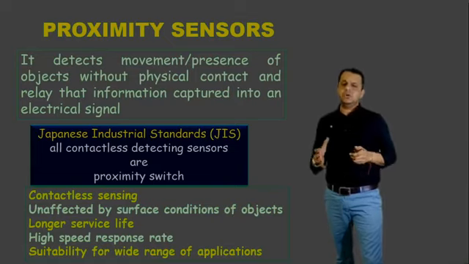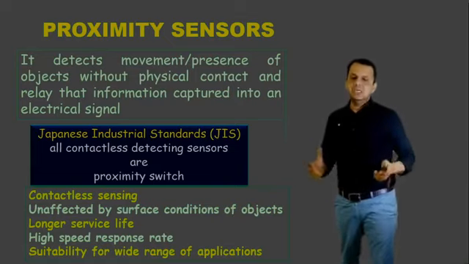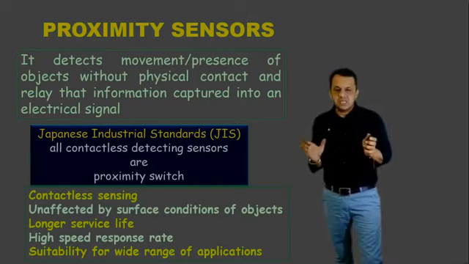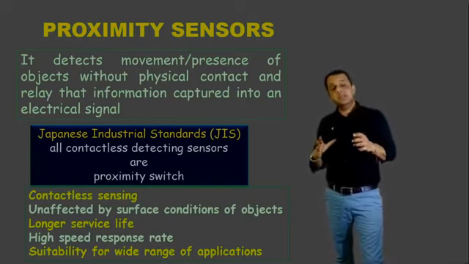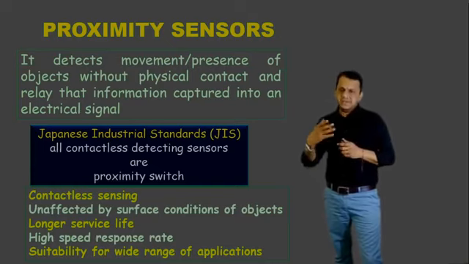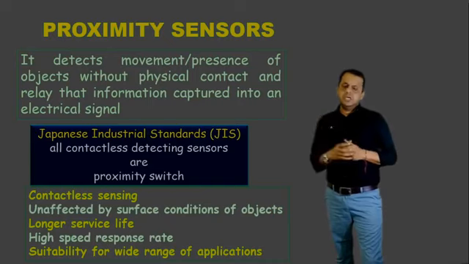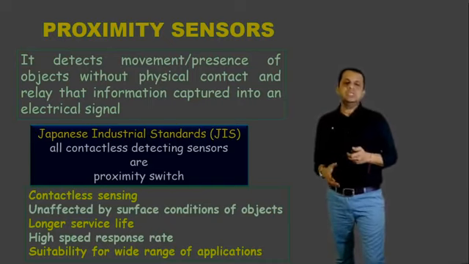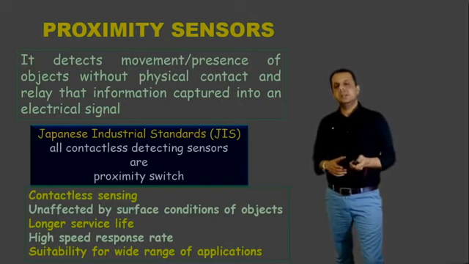The benefits and application area are very wide: contactless switching and contactless sensing, unaffected by most of the surface conditions of the object, with a longer life and high speed response. We'll go ahead with the different types of proximity sensors one by one.